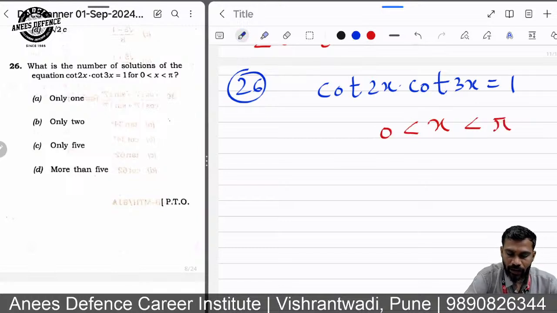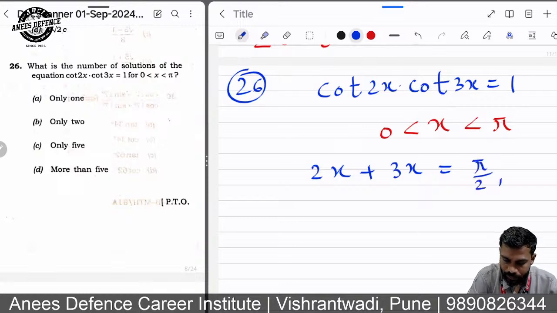So we already know that if cot A into cot B is equal to 1, then A plus B will be an odd multiple of pi by 2. So I can write 2x plus 3x will be equal to either pi by 2 or the remaining odd multiples of pi by 2.